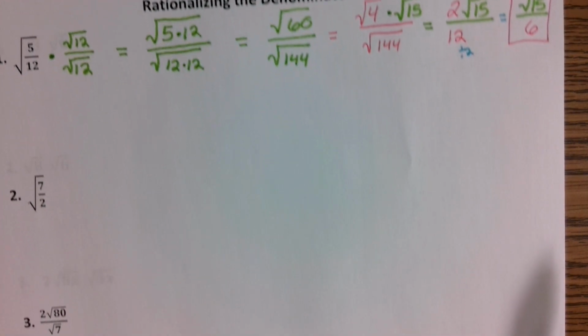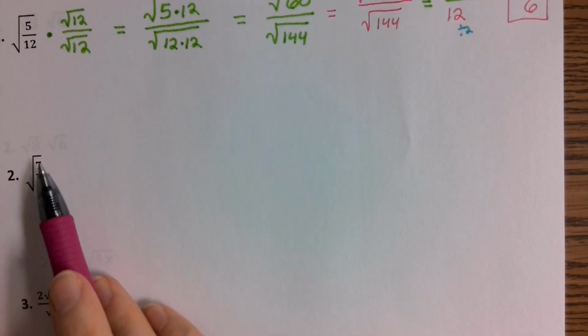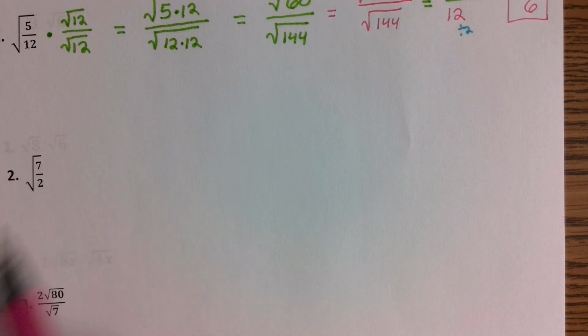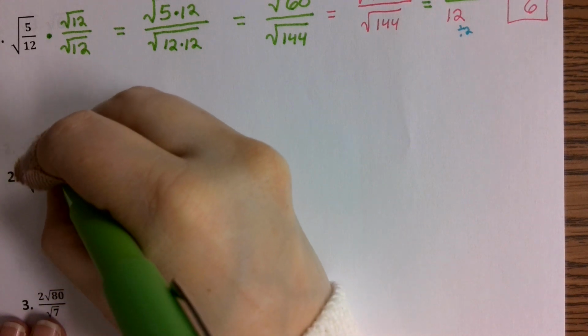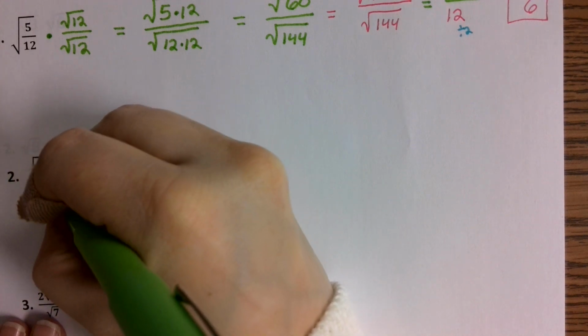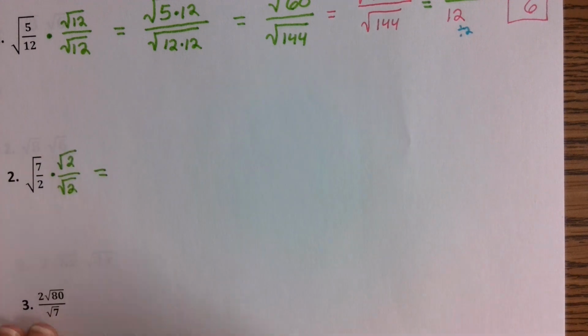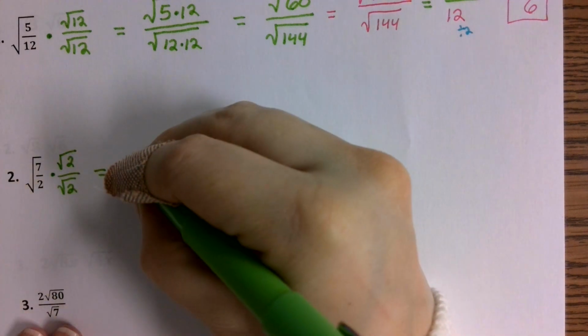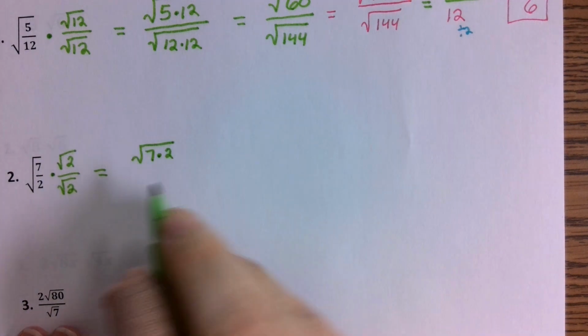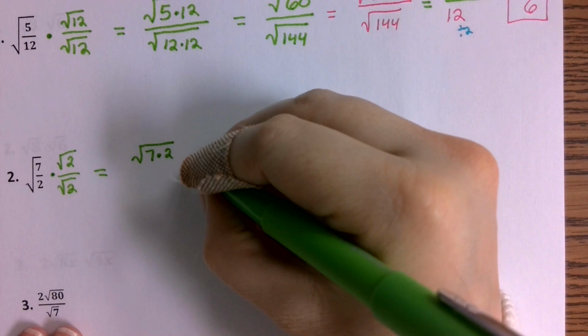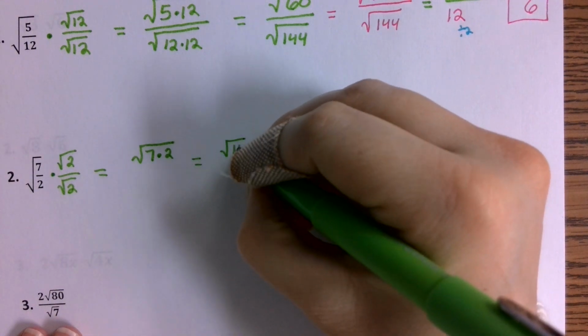Okay, let's try number 2. We have square root of 7 over 2. Again, this is not a perfect square, so we're going to go ahead and rationalize the denominator. We're going to multiply both the numerator and the denominator by the square root of 2. Okay, so I'm just going to show you what it looks like longhand again, and then eventually we'll simplify it down to where we don't have to do that. So we're going to multiply 7 times 2, which gives us 14.